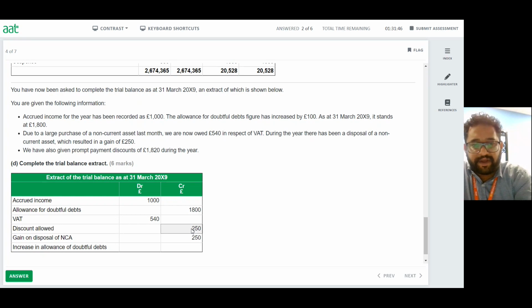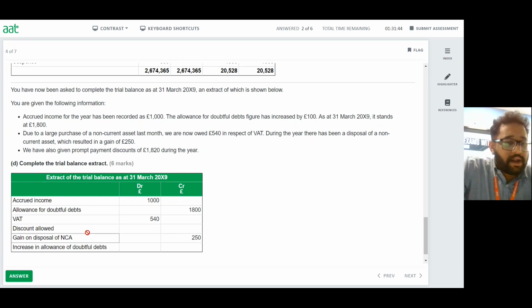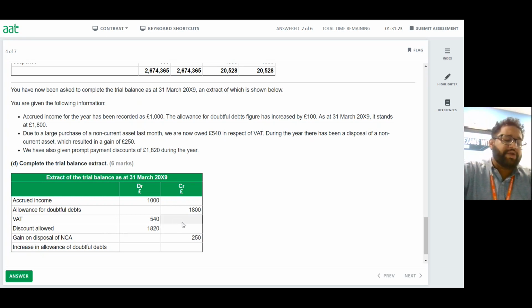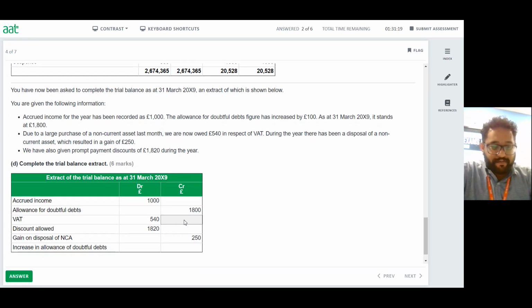I have to follow that information here now. This one, we're talking about, we have given. Okay, so if it's given, that means that is what we allowed our customers, £1,820. So therefore, it is an expense to the business. I'm going to put that here on the debit side of the extended trial balance, which will eventually be going into my statement of profit and loss as an extra expense.